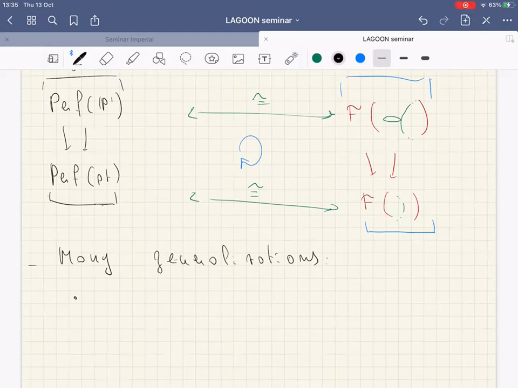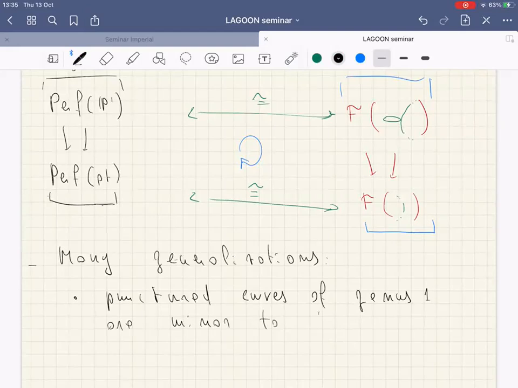So the first one is that via this exact same reasoning, we can prove that punctured curves of genus 1 are mirror to Kodaira-type nodal curves of arithmetic genus 1.